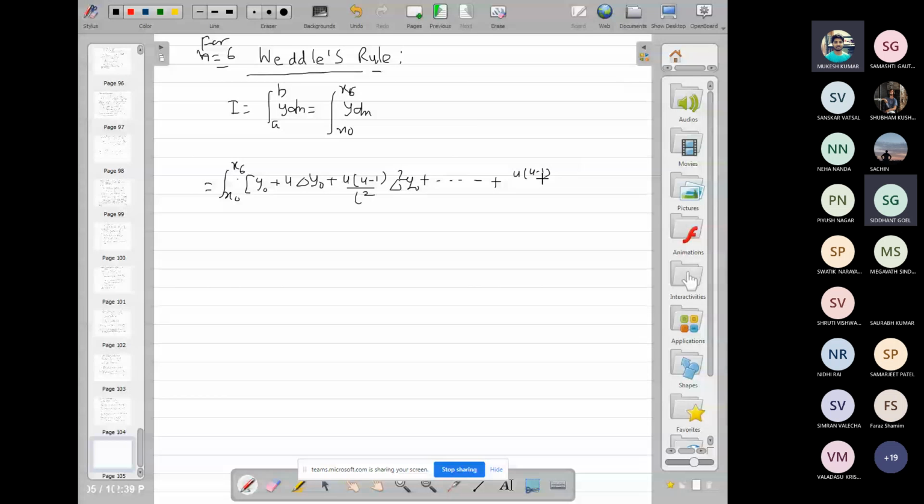dx. Then after integration and putting the limits, we obtain the result.